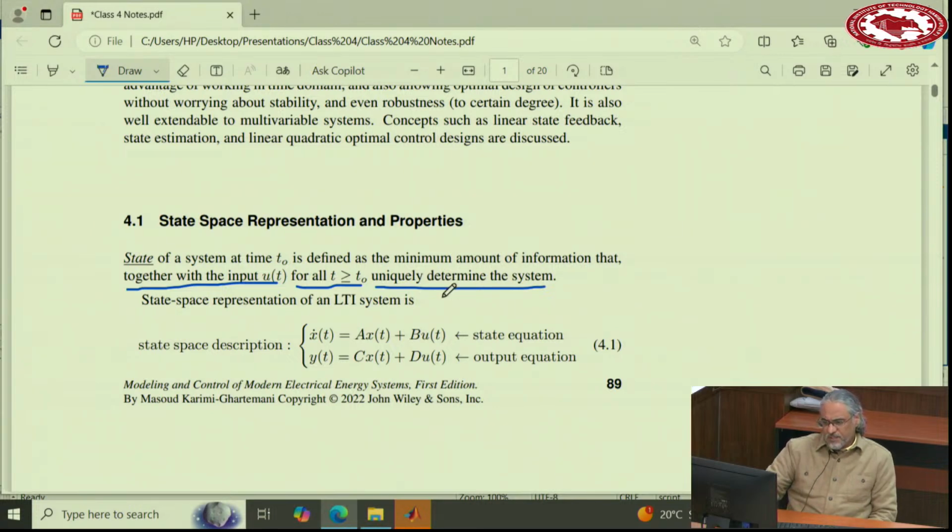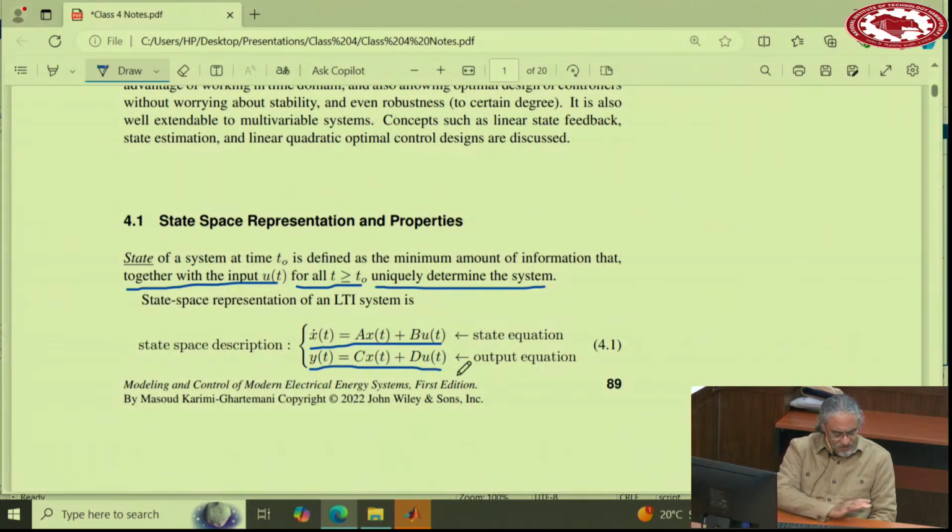So for instance, for a linear time invariant system, you will see in a moment, but you might even be able to imagine now. For a linear time invariant system, the state space representation is x dot equals Ax plus Bu, and the output equation is y equals Cx plus Du.